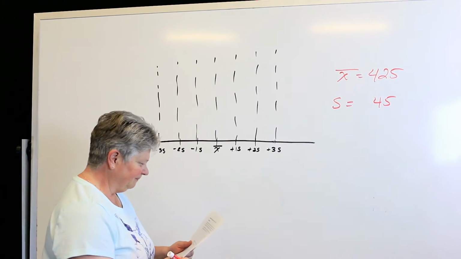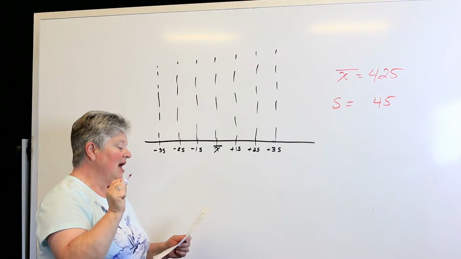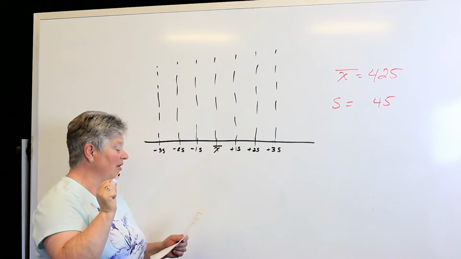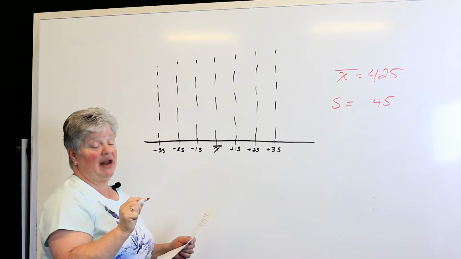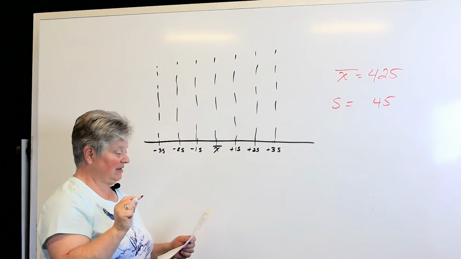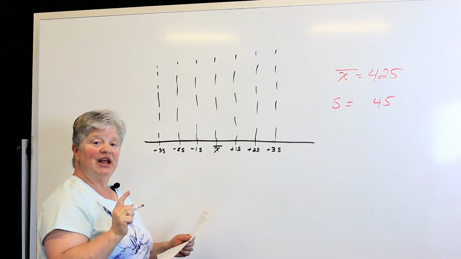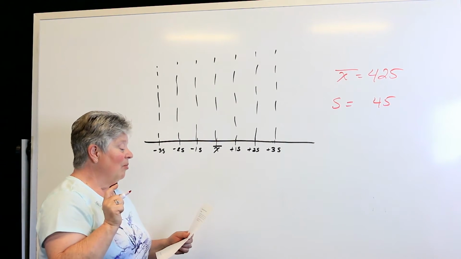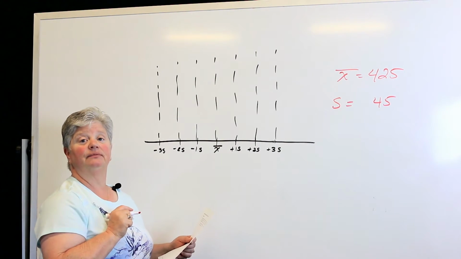That's what they told us. This is a really important sentence. It says, assuming the data are normally distributed. So that statement has to be there to do what we're going to do next. Assuming the data are normally distributed, what percentage of Americans consume more than 380 bottles a year?